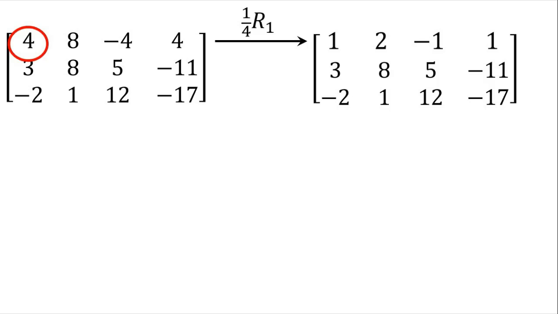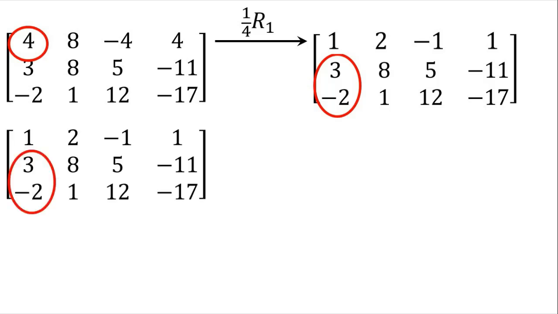Next goal is to obtain zeros below the leading entry 1. So we have to transform 3 to 0 and negative 2 to 0. To do that, we multiply negative 3 to R1 and add that to R2, and that will be our new R2.